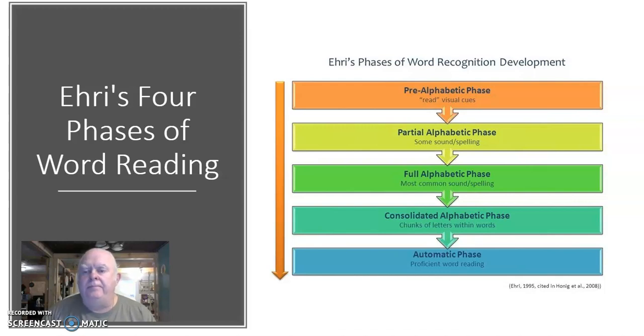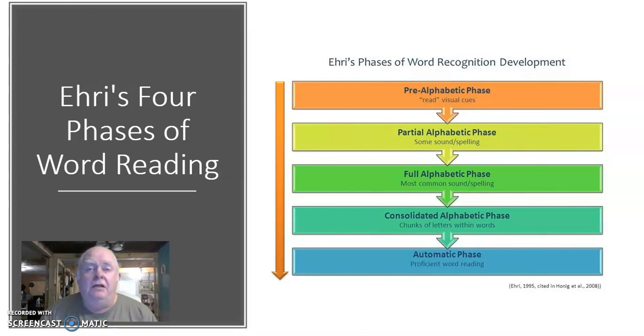Partial alphabetic phase is where they know some sounds and can spell some words. For instance, some sounds like P is P, or they can spell cat, C-A-T. Full alphabetic phase is, well, basically they can do all the common sounds and they can spell.